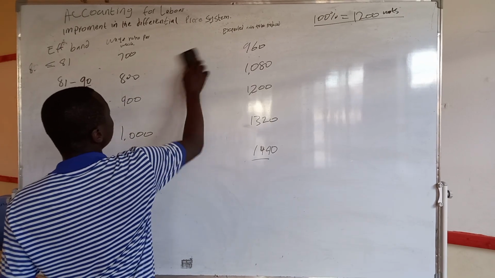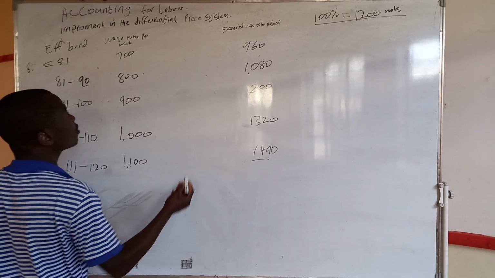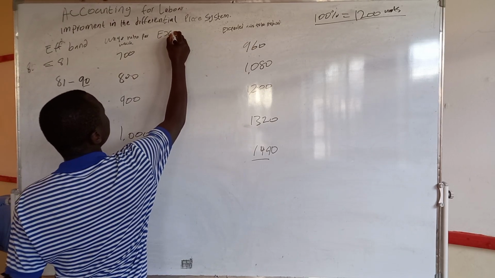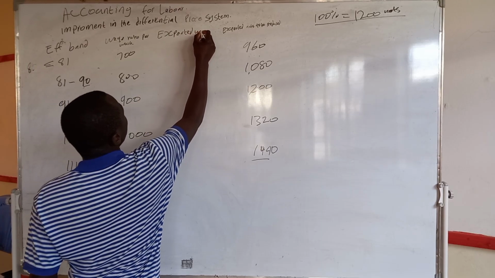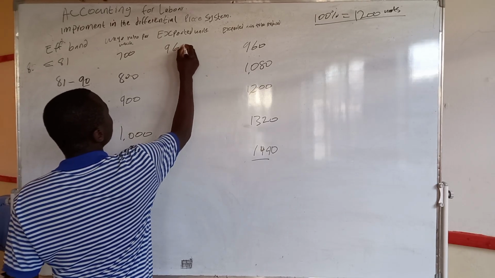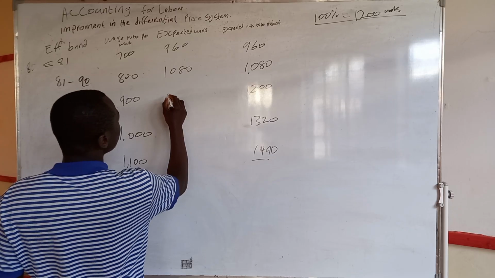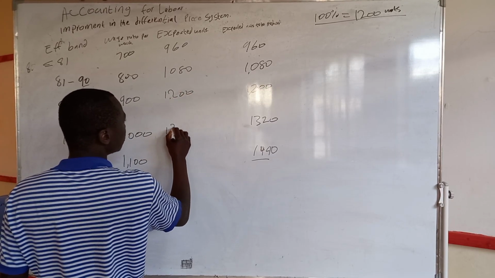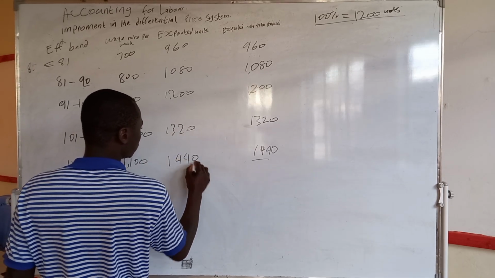This one is expected units, so I bring the expected units here: 960, 1,080, 1,200, 1,320 and 1,440.